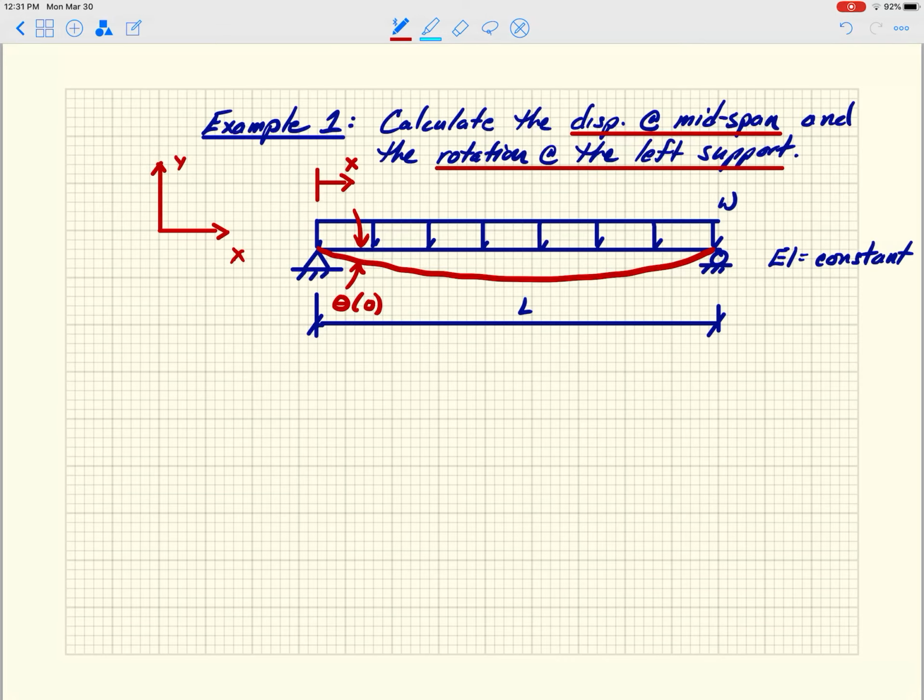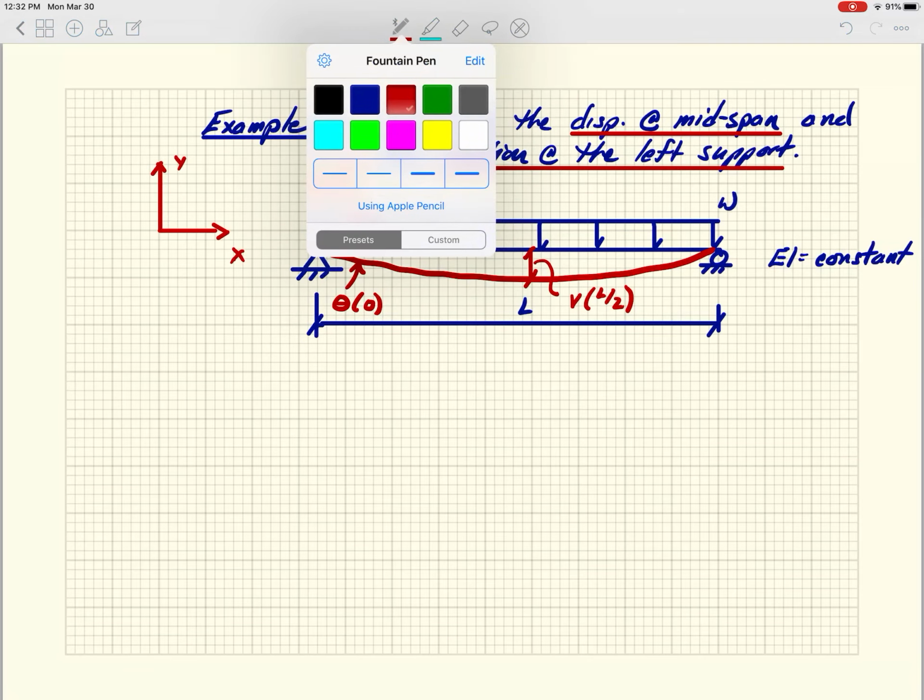And then this displacement here, we will call v of L over 2. So v, again, is the letter that we're using to denote vertical displacement, and the x position for midspan is at L over 2. So that's sort of where we are.